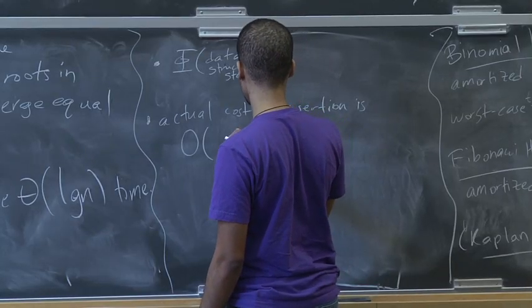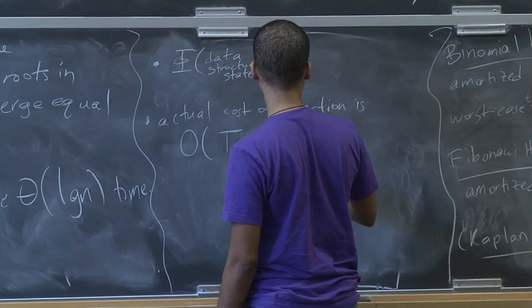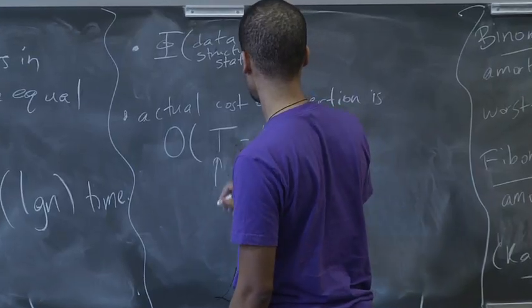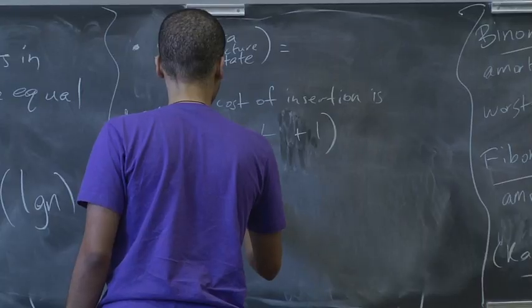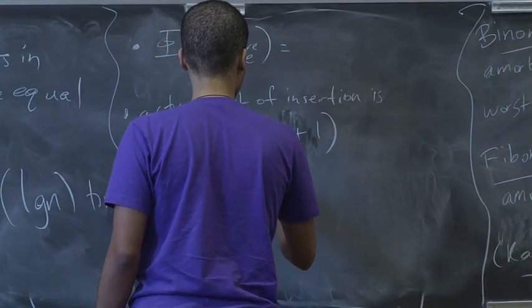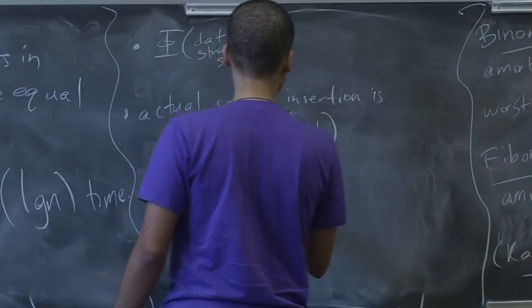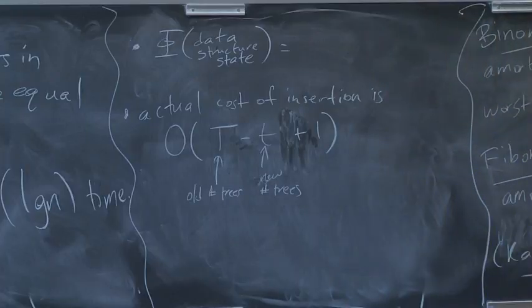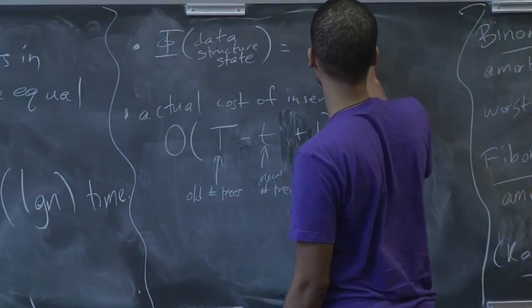Let's say t minus t, which is +1. This is the old number of trees. This is the new number of trees. Okay. So I'm going to define the potential of the state of the data structure to just be the number of trees.